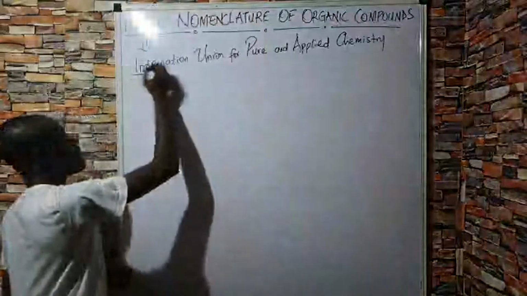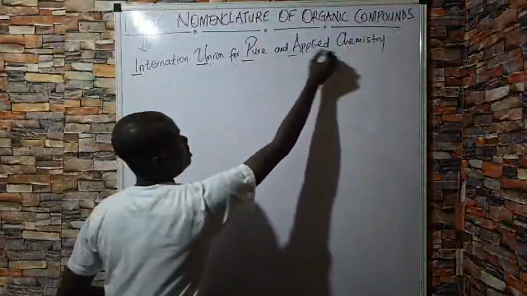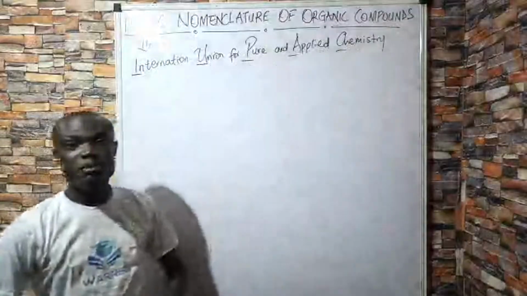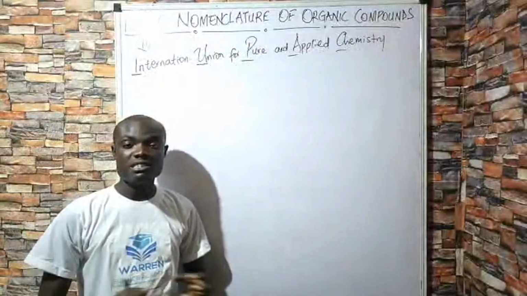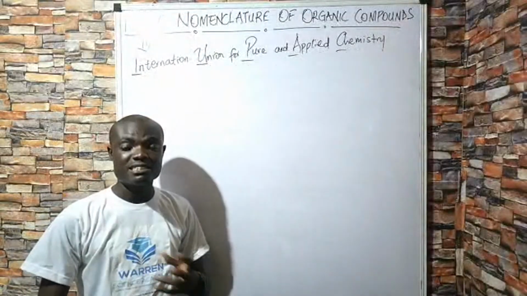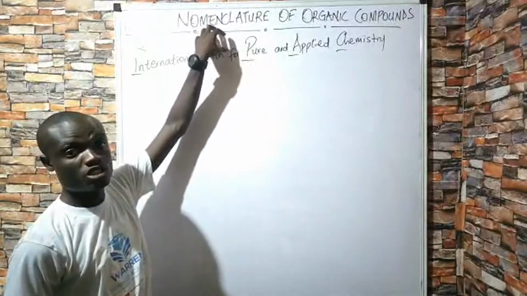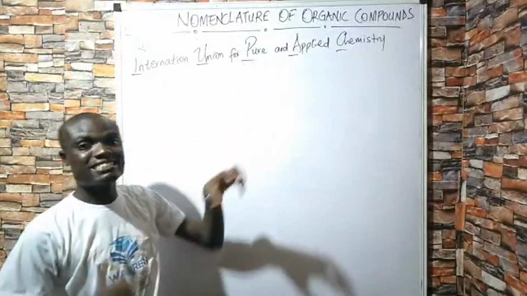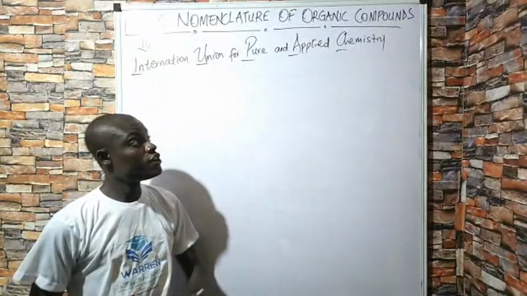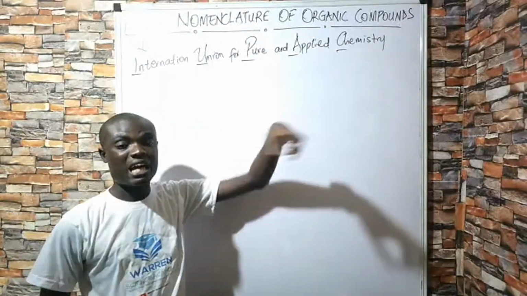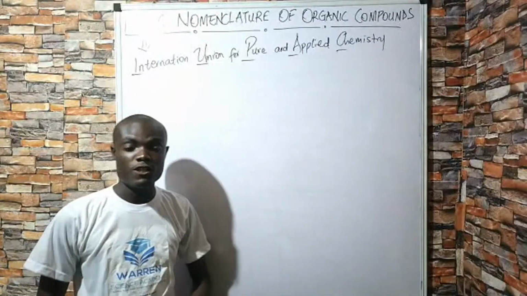So that's where you have the word IUPAC. It's a professional body that regulates how certain things in chemistry are done. Now, this word nomenclature means name. So IUPAC has set a pattern for naming organic compounds, and that pattern is what we are going to look at today.